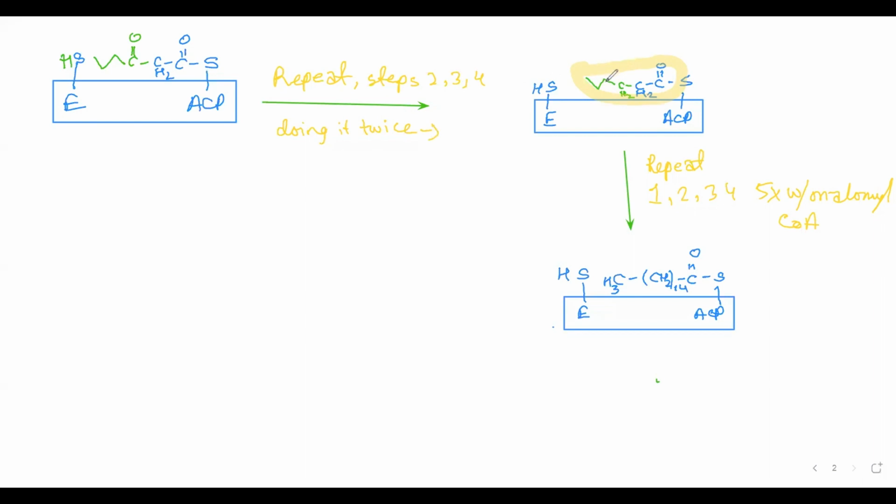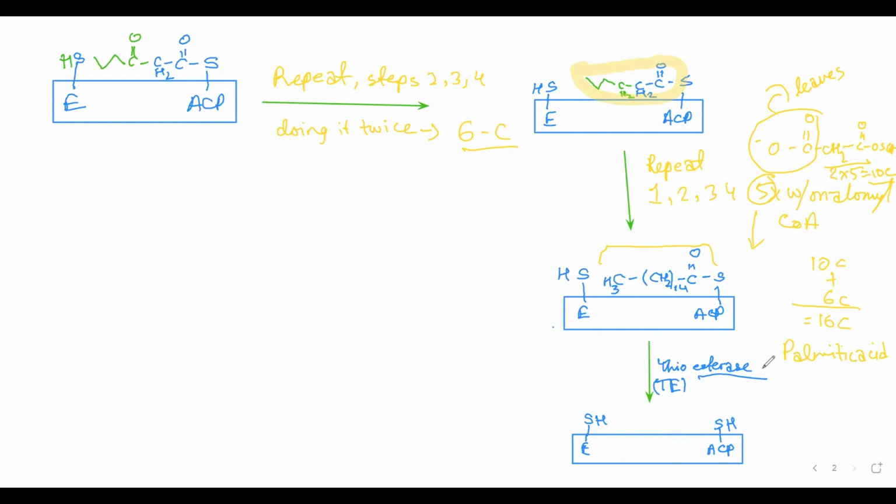And if we repeat it 5 more times, we'll get 5 twos, 10 more carbon atoms in the chain. Now using thioesterase, we can break the C double bond O and S bond. So we'll get an enzyme ACP-SH complex, and we'll get our palmitic acid fatty acid chain.